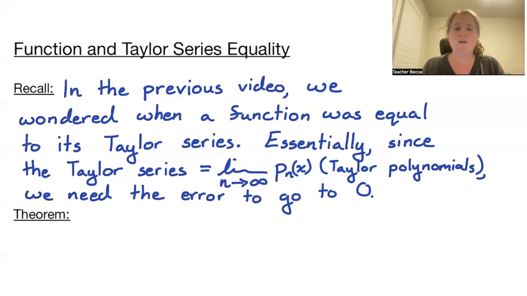Right? So recall that we had that f of x was equal to p n of x plus r n of x, where r n was the error.